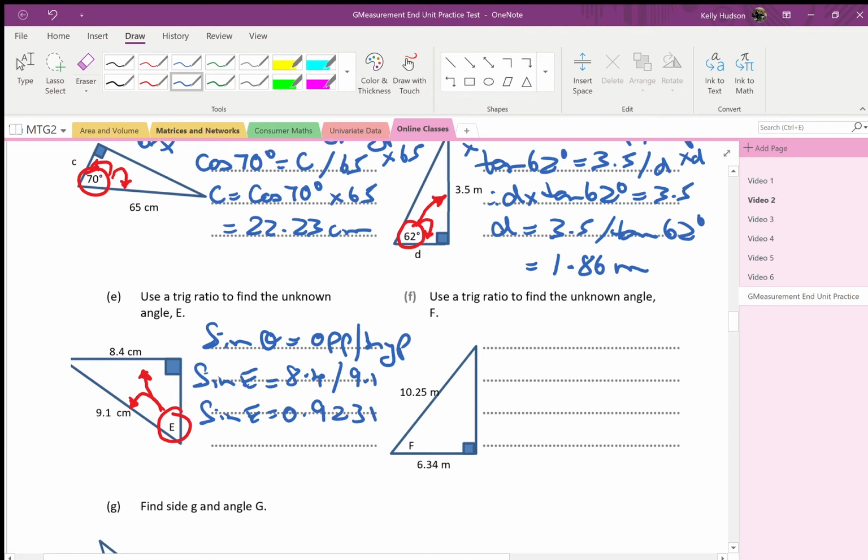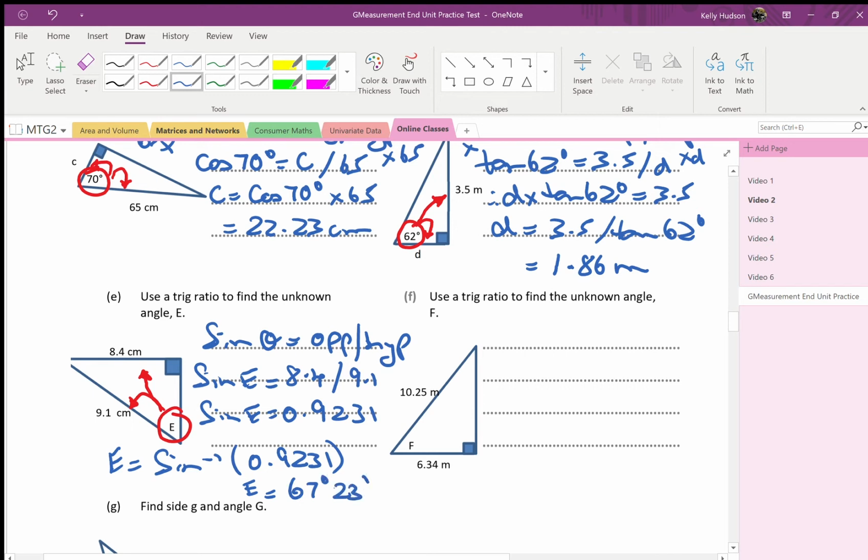Alright, this is where we use the inverse, so we go sine to the minus 1 of 0.9231 is equal to E. So on my calculator I put 0.9231 in, sine to the minus 1, and that gives me a number of degrees, and it works out to be E is 67 degrees and 23 minutes.